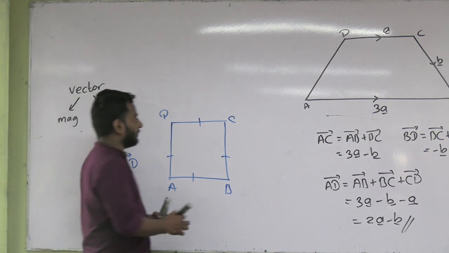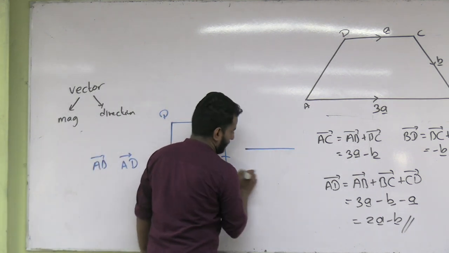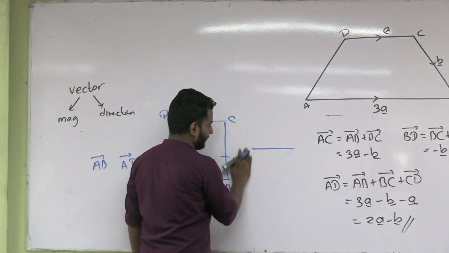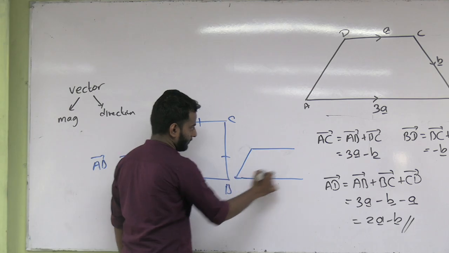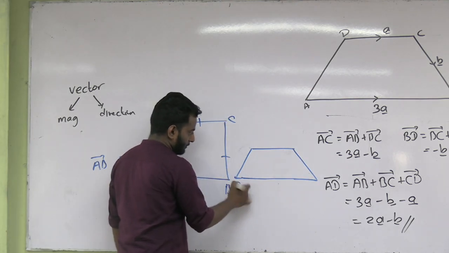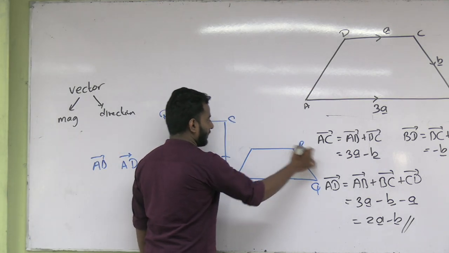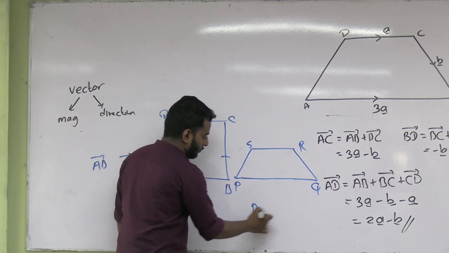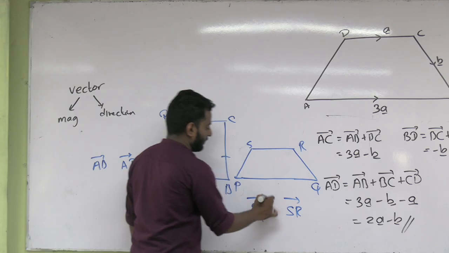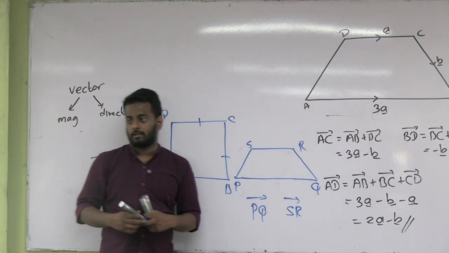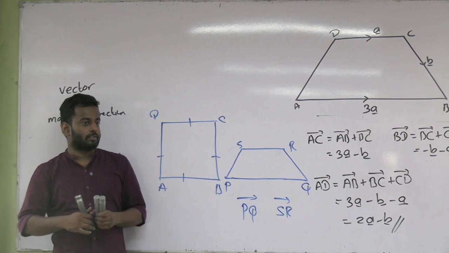Right. Now we are moving on to a trapezium. We have a trapezium which is PQRS. This is P, Q, R and S. Now can I say the two vectors PQ and SR are equal to each other? No, we can't say they are equal. What is the reason?